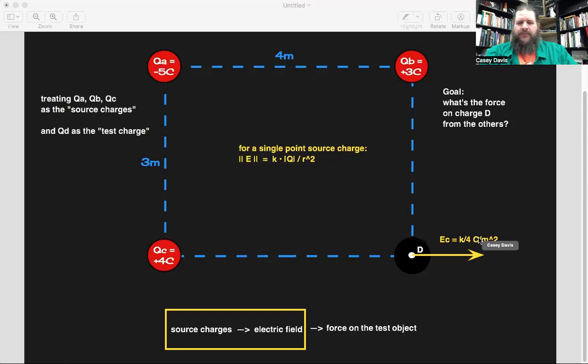Any questions on that so far? And what about charge B? Charge B is also positive, so that's going to create electric field at D in which direction? Yeah, directly to the south or down, whatever you want to call that. And would you expect that to be stronger or weaker than the contribution from C, or can we tell yet?